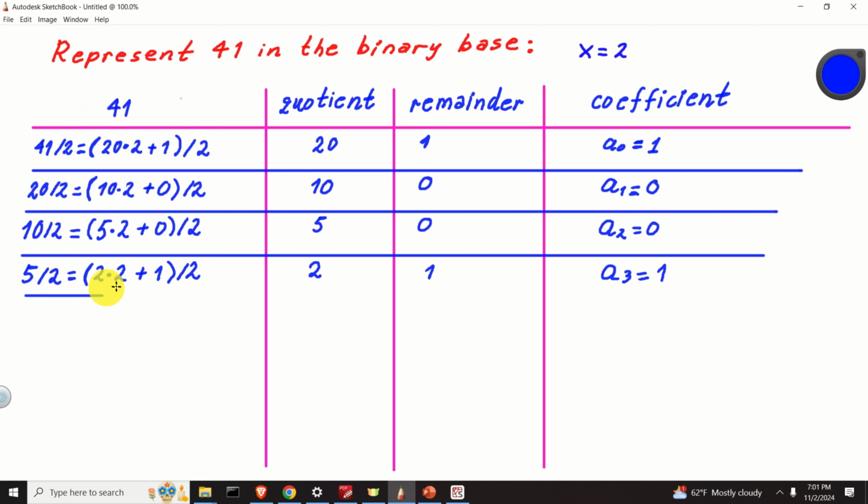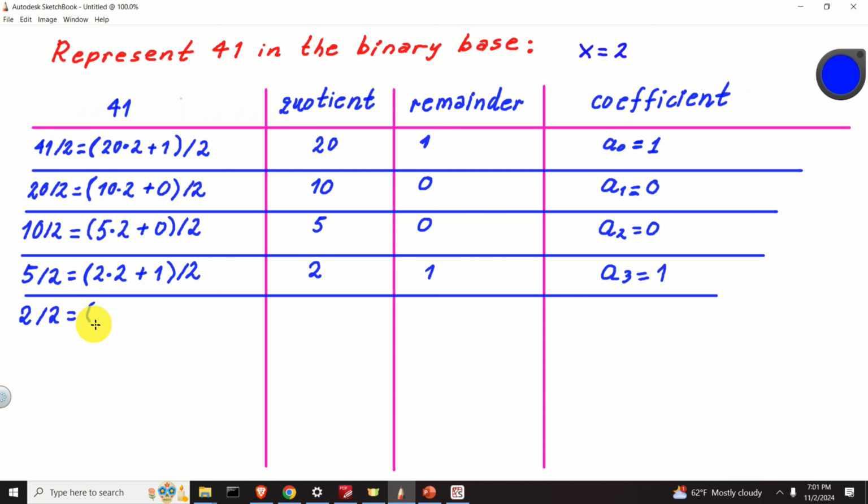Next, let's repeat this procedure. Now we take the quotient 2, we divide 2 by the base 2, and we can express this as 1 multiplying 2 plus 0 divided by 2. From here we get that the quotient is, watch out here, the quotient is 1. The remainder is obviously 0. And from here we get that a4 is 0.